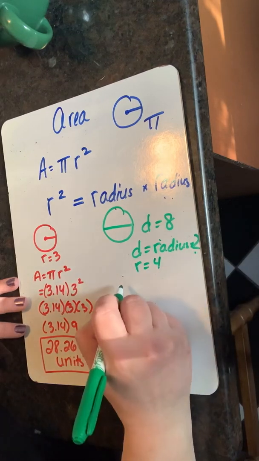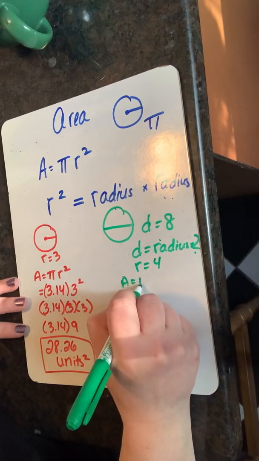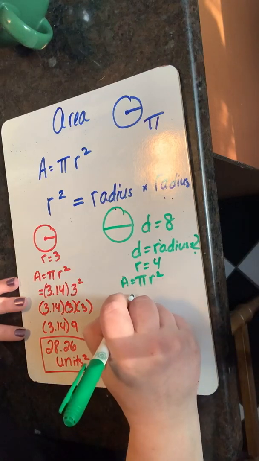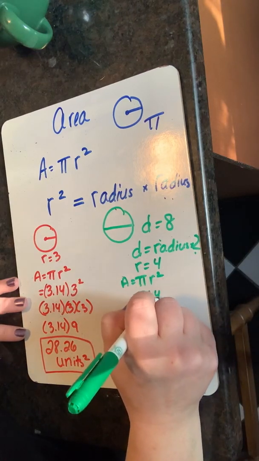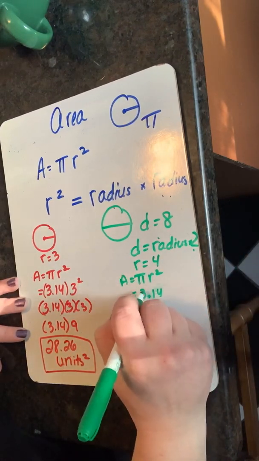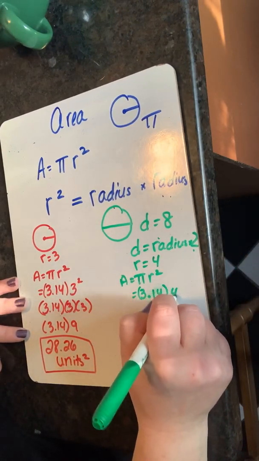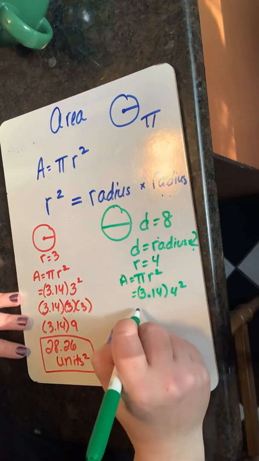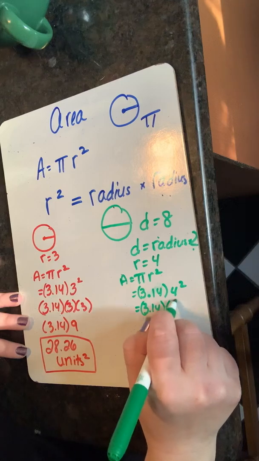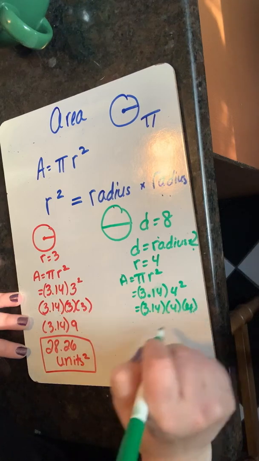So I'm going to rewrite my equation, area equals pi r squared, and I'm going to substitute the values into the equation. 4 squared is another way of saying 4 times 4. 4 times 4 is 16.